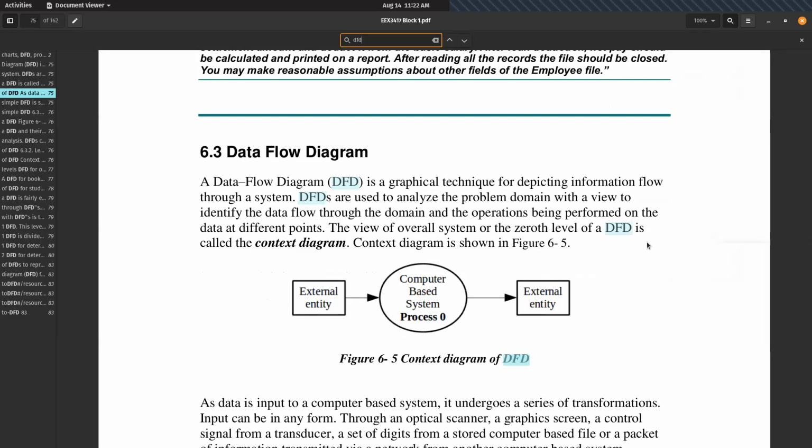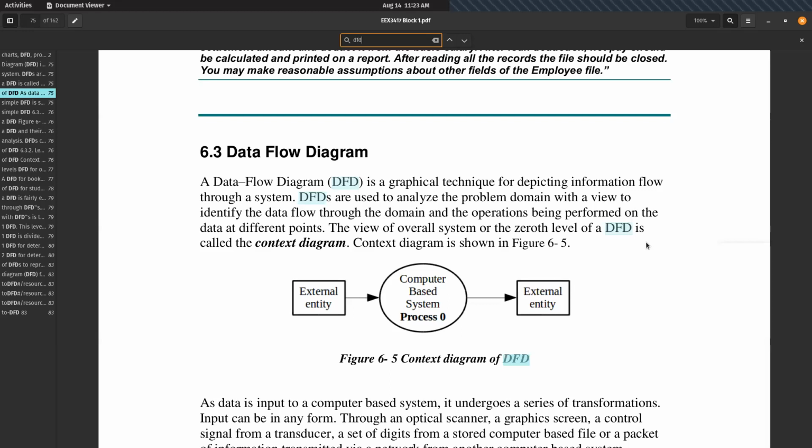Between two entities, no information flows from one entity to another without any process. Therefore, between two entities, there should be a process.